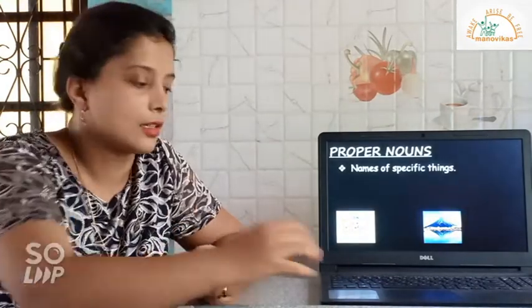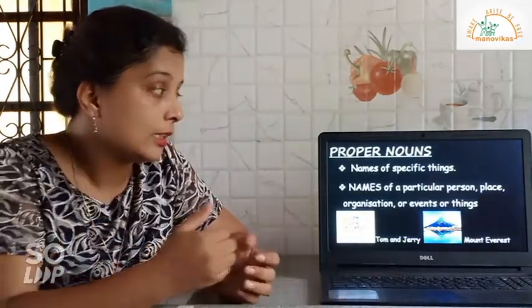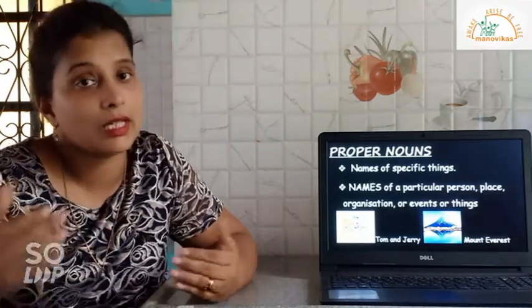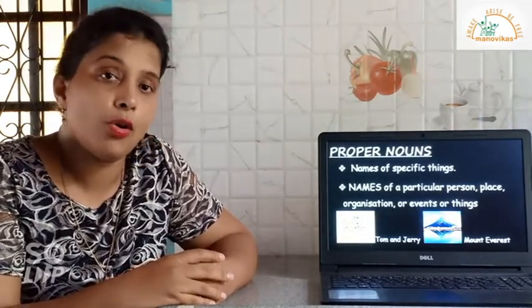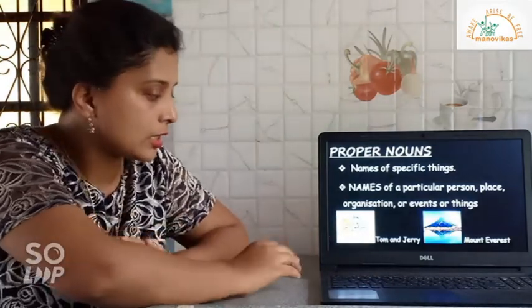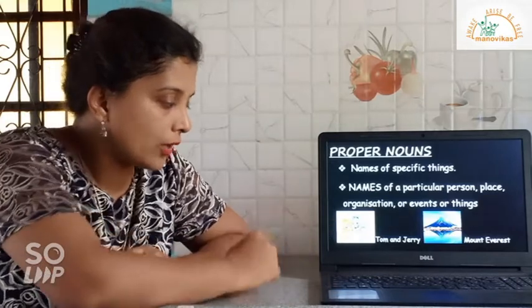What are proper nouns? Proper nouns are names of specific things. For example, they are the names given to a particular person, a particular place, an organization, an animal, an event, or things. For example, here you have in the first picture Tom and Jerry.